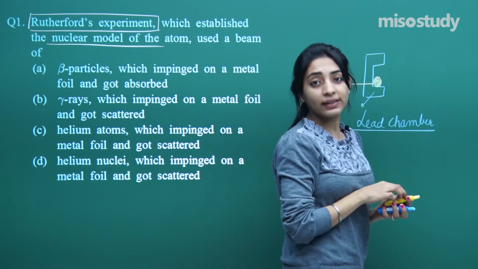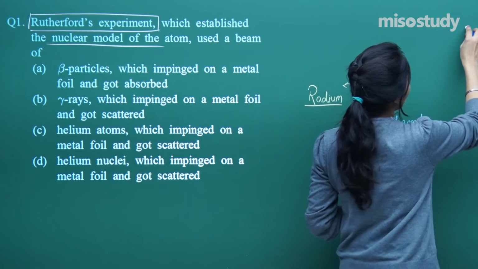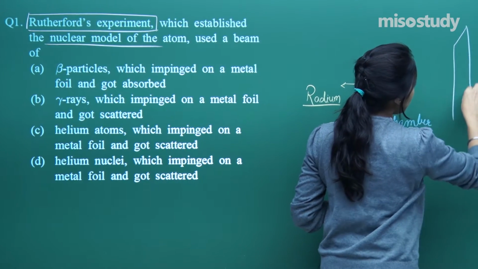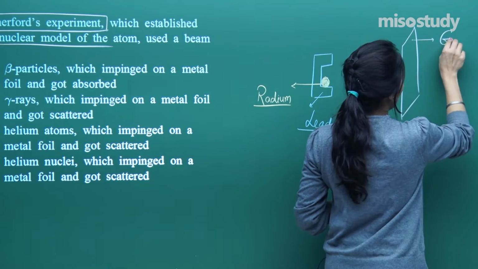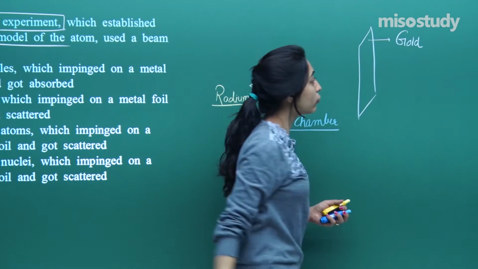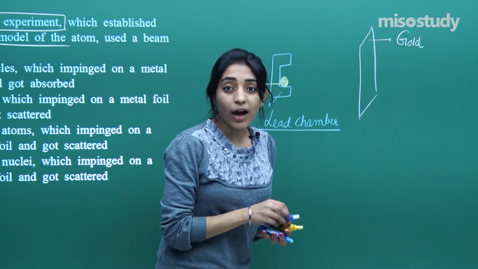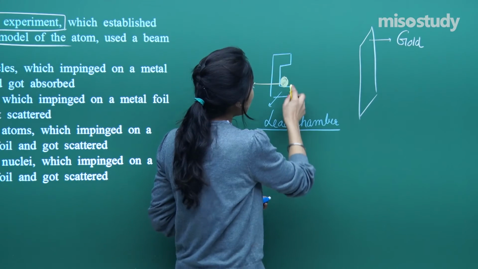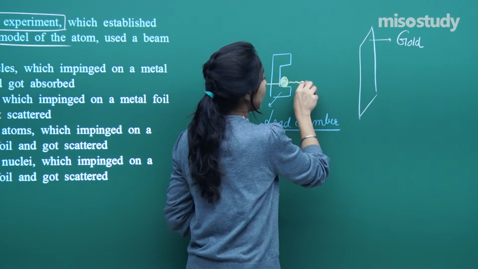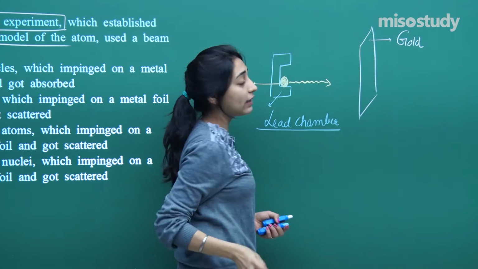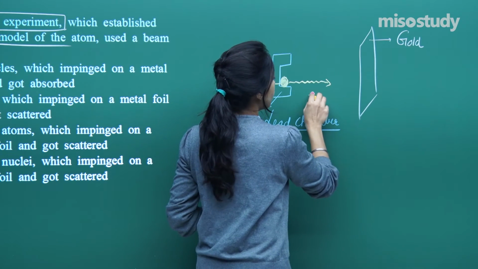And after that, we have also taken a very thin sheet made up of gold. So we used to call it gold foil. Now you remember that radium was getting disintegrated and it led to the release of positively charged particles.